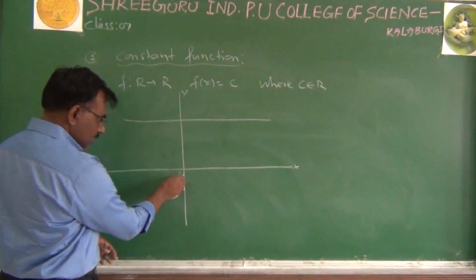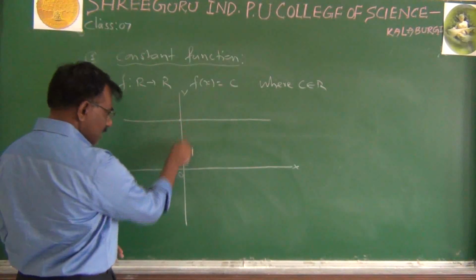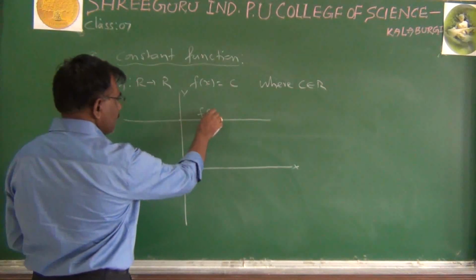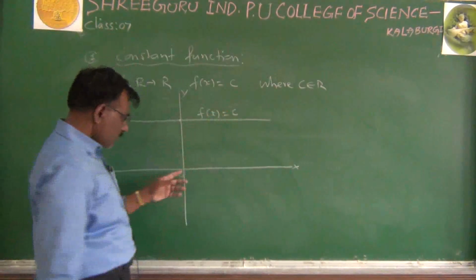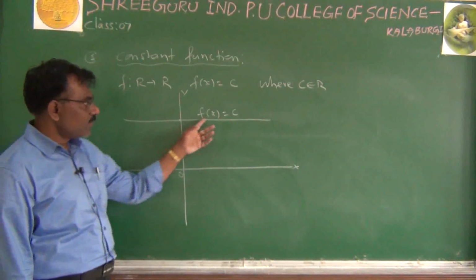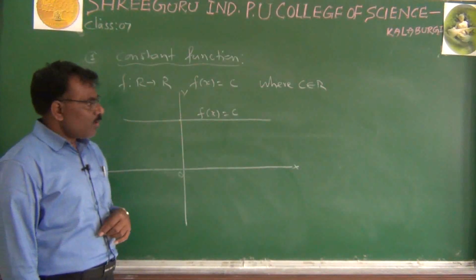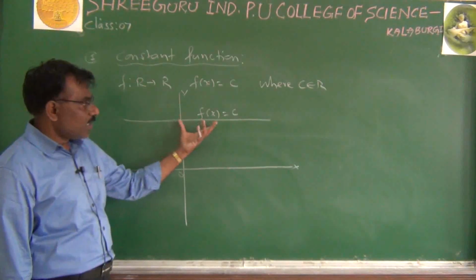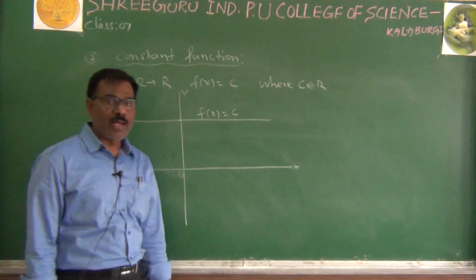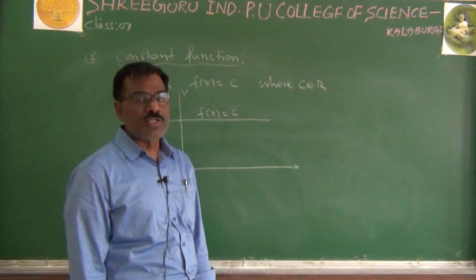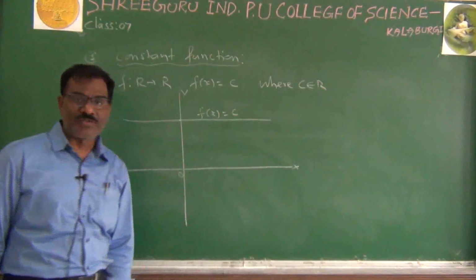So you take this as 0 and this as c. So f of x equal to c. If the distance is 6, f of x is 6 only. This line is parallel to the x-axis, and the function is called a constant function.